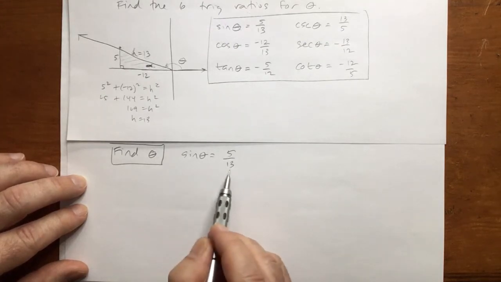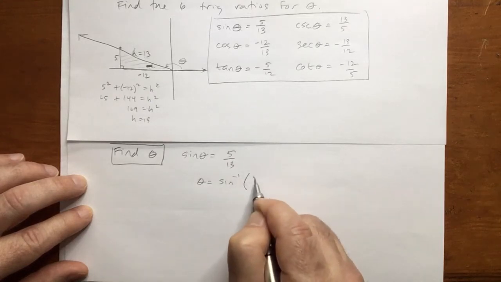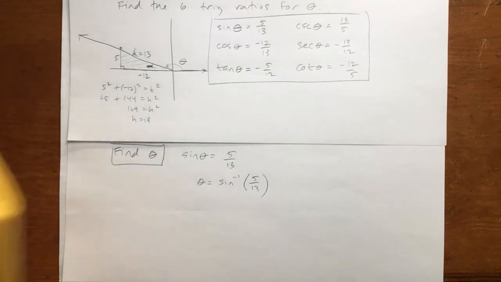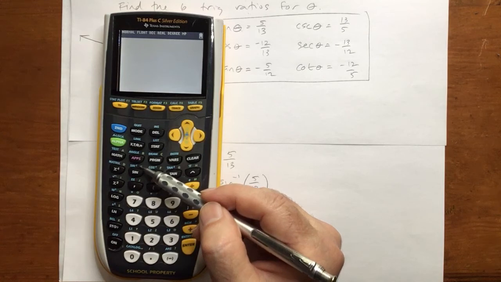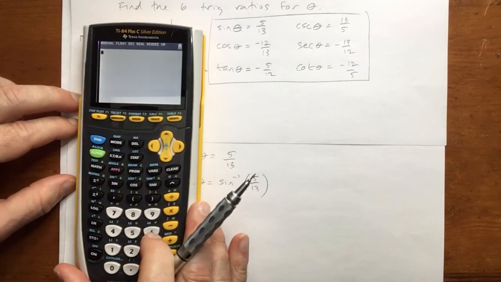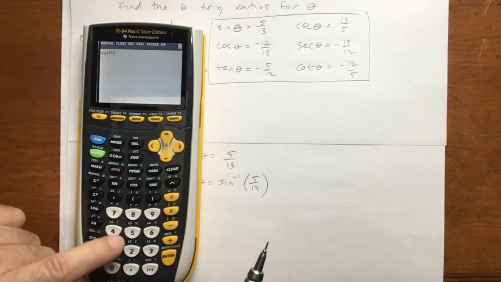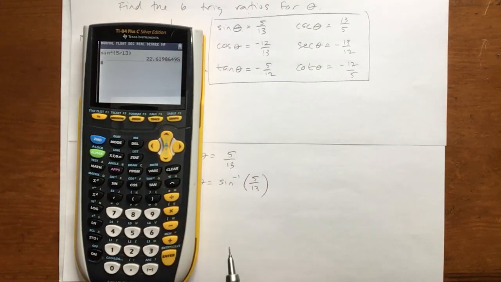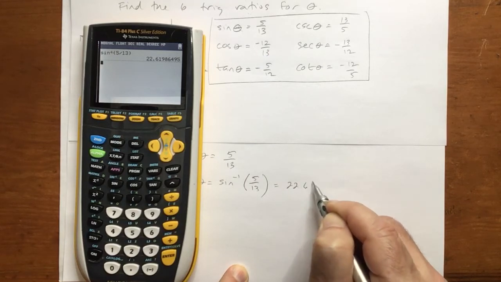And you would just take the inverse sine of both sides. And remember, it looked like that. And we go to our calculator, and we remember that we have right above the sine, we have the inverse sine. Okay, make sure once again you're in degree mode. And all I have to do is hit second sine, and I get the inverse sine. And then 5 divided by 13. I hit enter, and it's telling me that theta is 22.6 degrees.